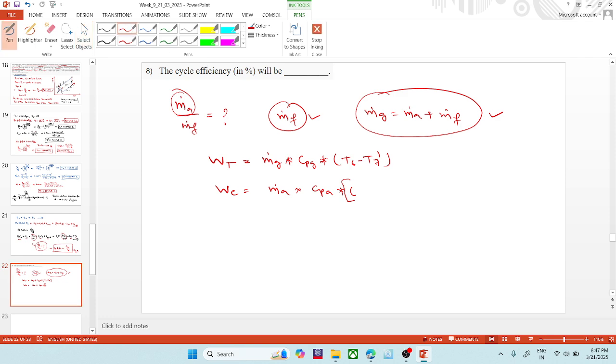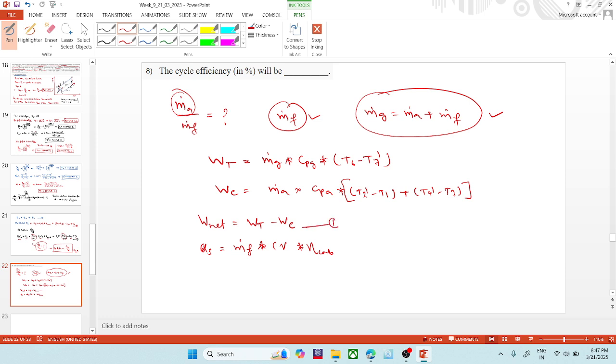By the help of this, we can determine the W net, which would be Wt minus Wc, and Qs we already know: m dot f into Cv into eta combustion.